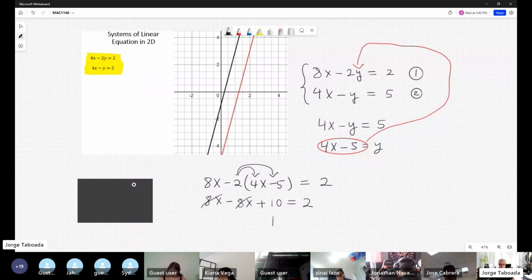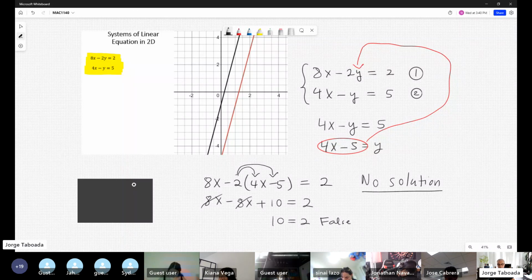I get one statement that is completely false. So what is the interpretation there? We have no answer because the system has no solution. This situation happens, guys, when the lines are parallel and never touch and never cross. We have no common point, because remember the common point is the solution. Do you understand more clearly now?